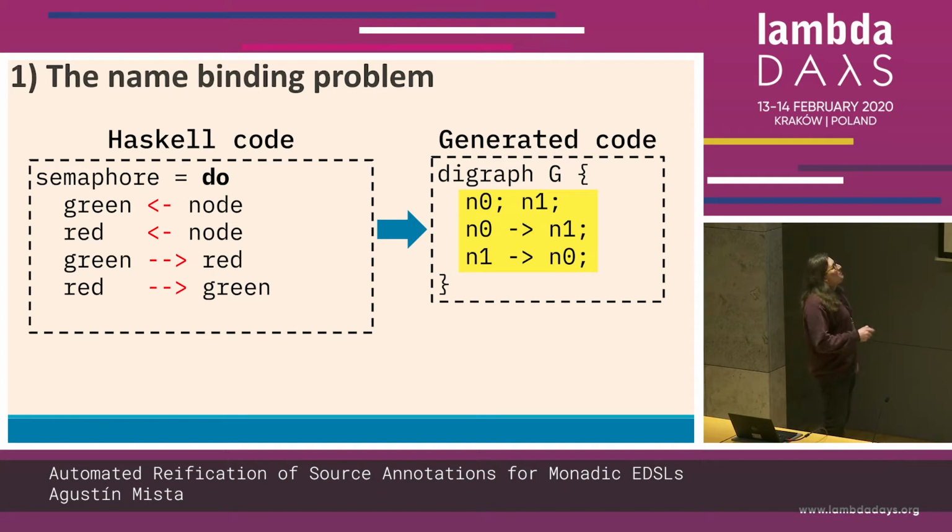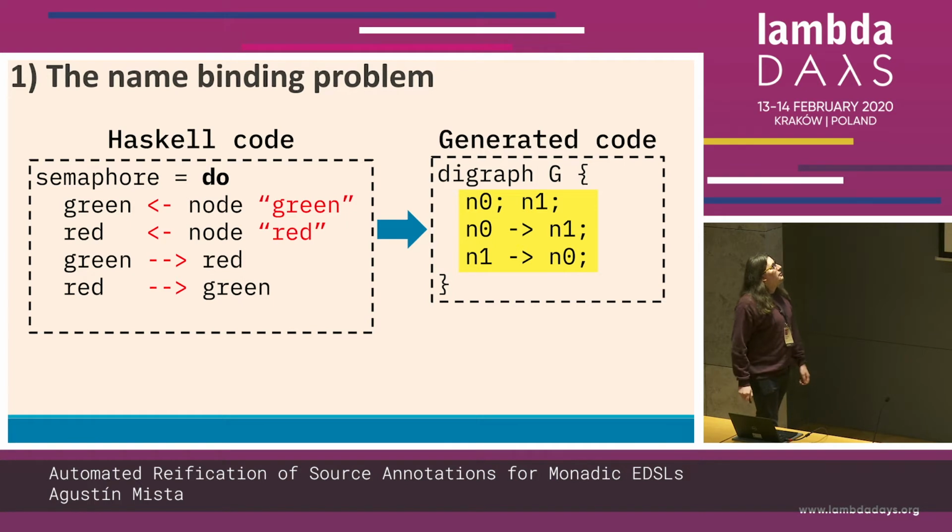But this is, in my opinion, horrible, right? Because now you have two names for everything in your code, and you need to keep these names in sync. So it's not a nice solution. So a nice solution would be to be able to scrap these names away and still get the generated code reflecting the names that we use in the do notation, right?